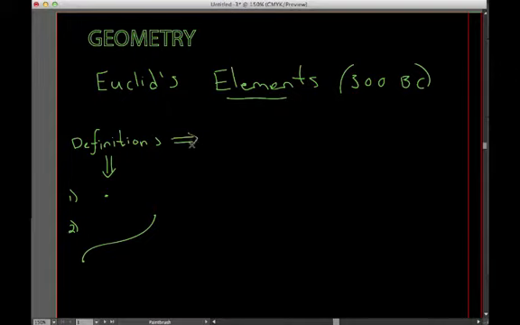Moving on from definitions, he moved into postulates. So an example of a postulate could talk about a circle with a center of some point A, which can be comprised of its radius, and every single radius of this length all the way around 360 degrees around that center.